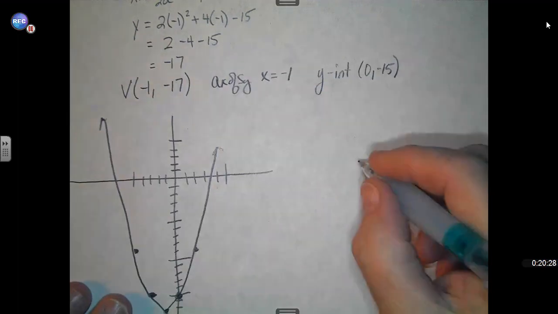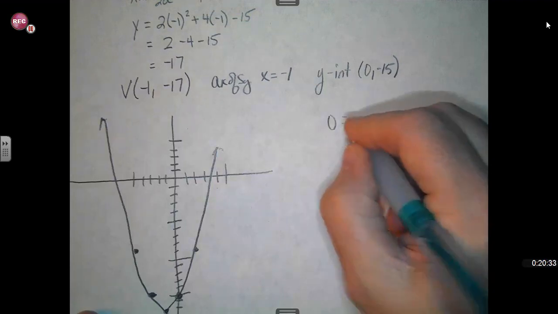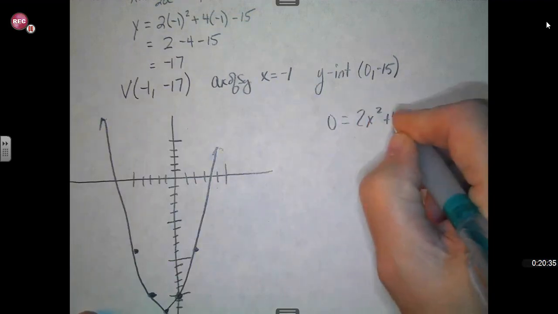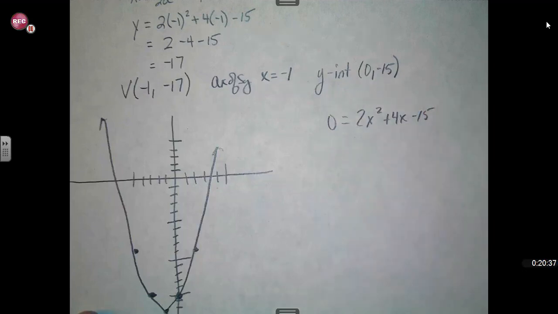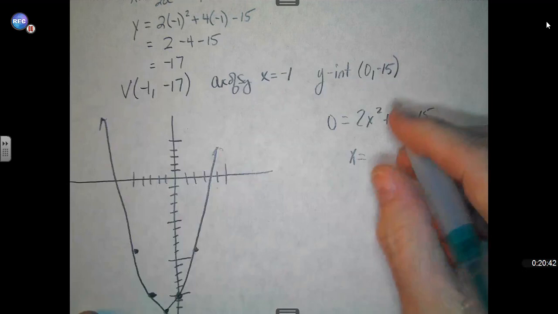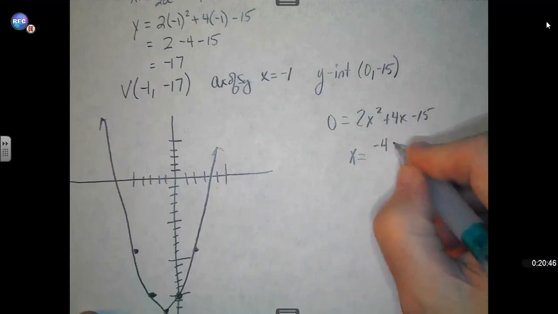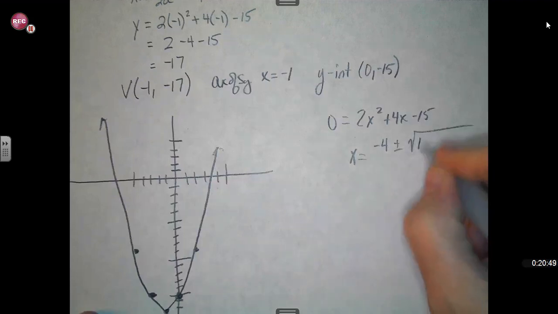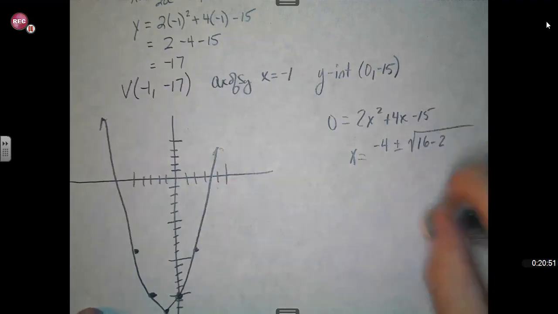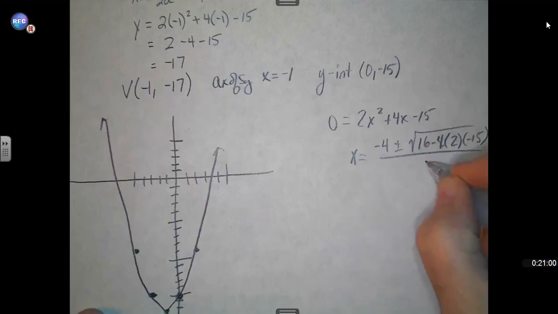As I said, the problem is going to be the x-intercepts, because that thing's not going to factor. I'm pretty sure it doesn't, so I'm not going to spend time looking. So the opposite of b, plus or minus the square root of b squared minus 4 times a times c, all over 2a.